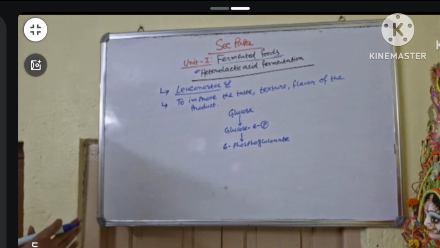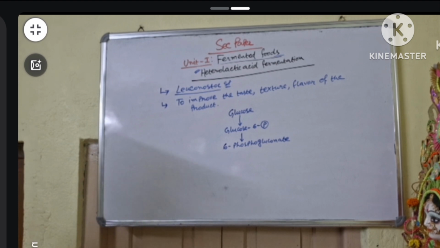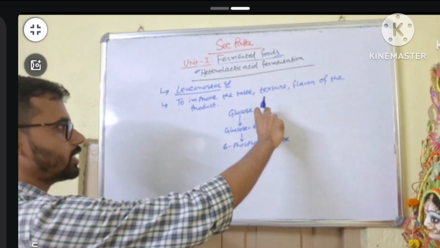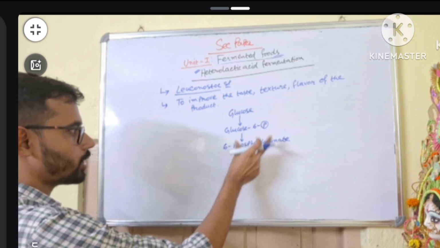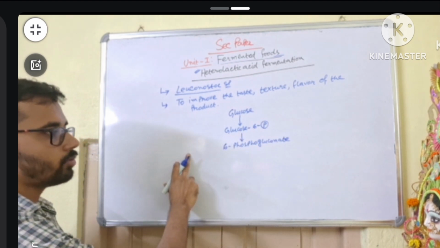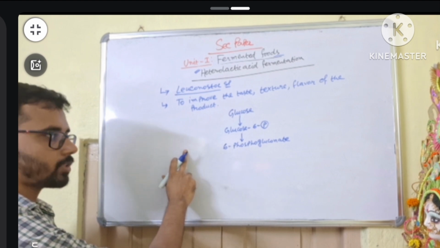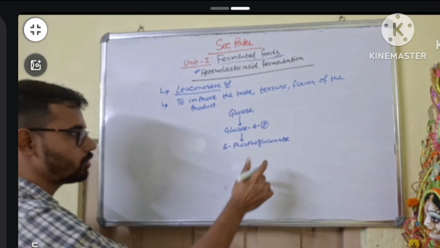It bypasses that step of glycolysis and enters another step where they can produce two different types of products. Up to glucose 6 phosphate the reaction is the same as in glycolysis, but after glucose 6 phosphate production they change into 6 phosphogluconate. They do not produce fructose 6 phosphate; if fructose 6 phosphate were produced, it would enter glycolysis.